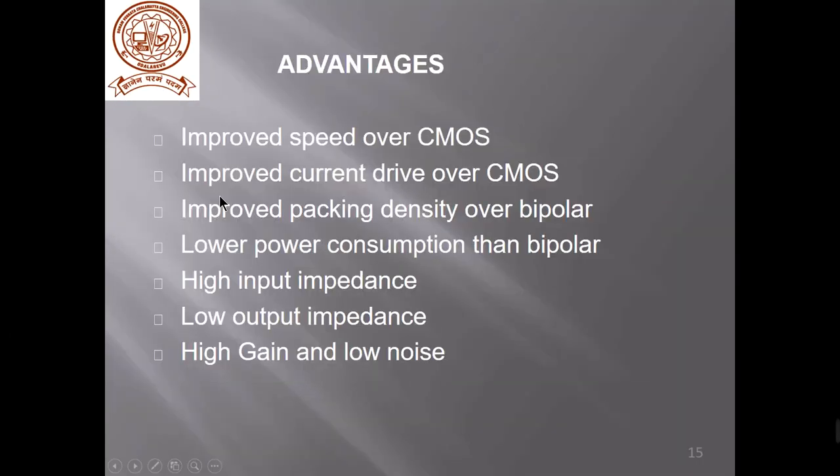Coming to the advantages of BiCMOS technology: improved speed over CMOS technology, because bipolar transistors have higher speed compared to CMOS; improved current drive over CMOS; improved packing density over bipolar transistors; lower power consumption than bipolar transistors; higher input impedance, low output impedance, and finally high gain and low noise margin.